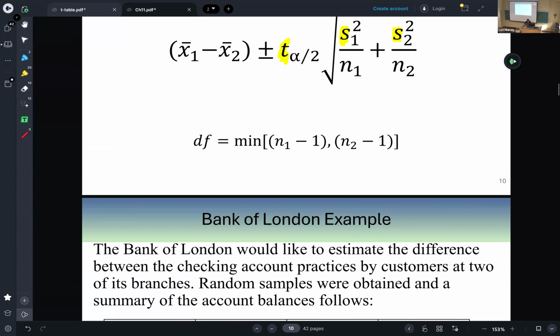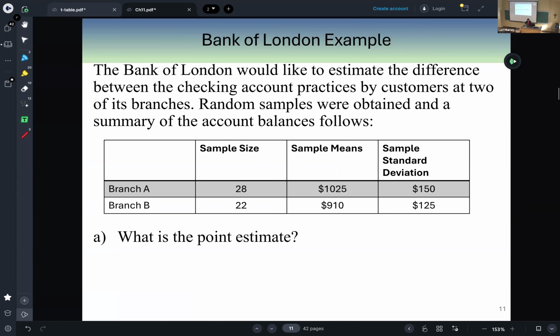Okay, so let's do an example. Here's a bank. We're going to compare 2 branches of a bank, and we want to look at the customers' account practices, so we're going to see their account balances.